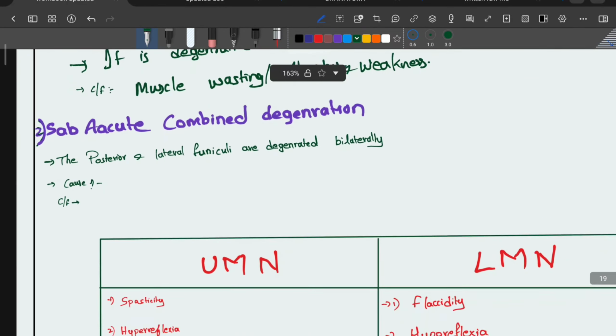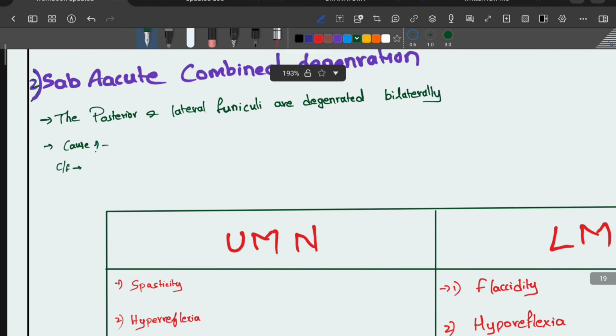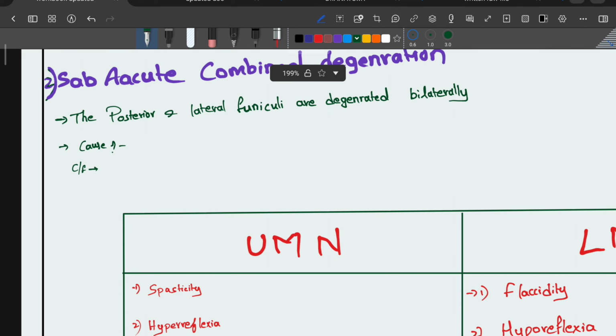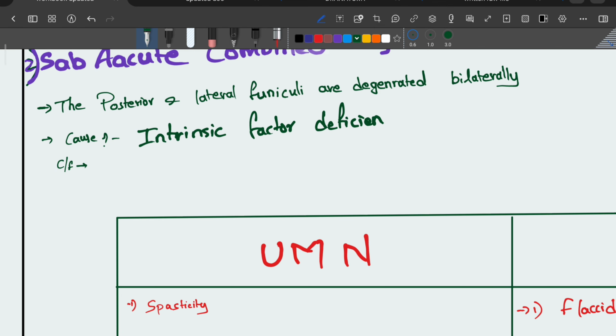Next, we are going to discuss subacute combined degeneration. The posterior and lateral funiculi are degenerated bilaterally. Why does it degenerate? Because of intrinsic factor deficiency.